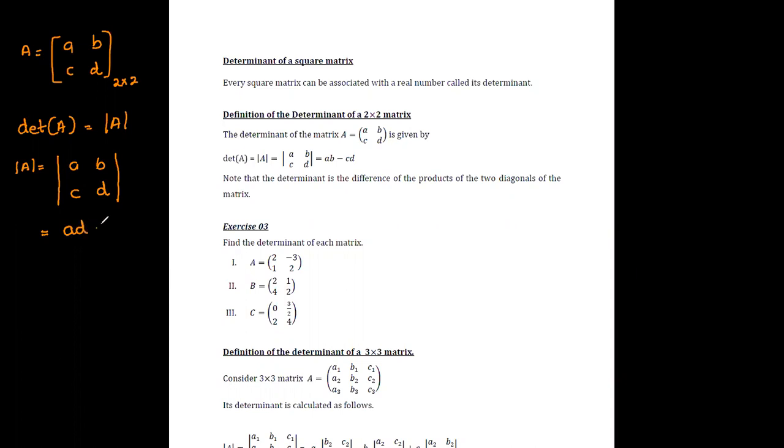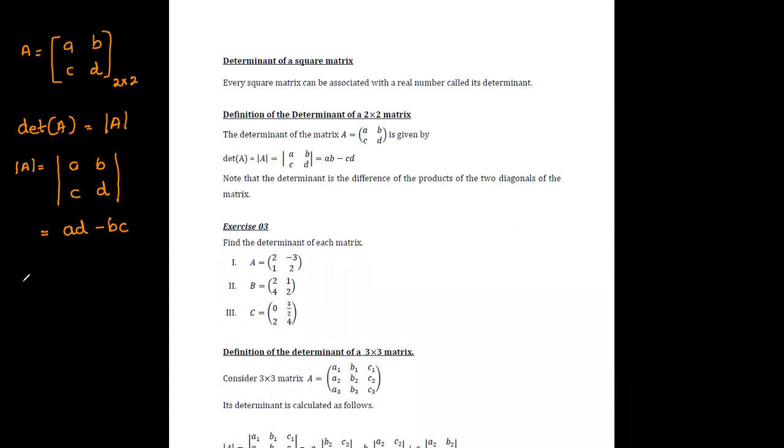Then we have to use the minus sign, and then we need to take the multiplication of the other elements, B with C. That will be B times C. Therefore, if you solve this quantity, this will be considered as the determinant of this 2 by 2 matrix.